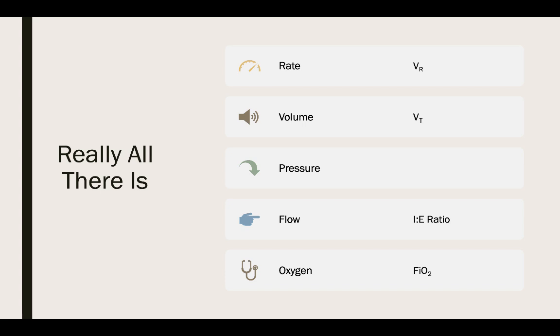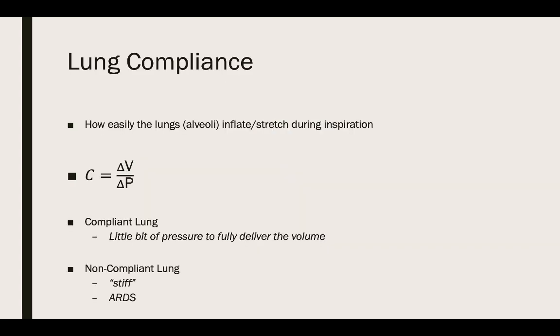How quickly are we forcing the air in? How long are we letting the air come back out with expiration? So we've got air flow, and then we've got oxygen delivery. So that FiO2, the fraction of inspired oxygen, how much, proportionally, how much oxygen are we giving our patient per breath?